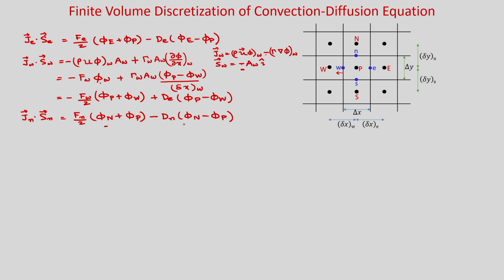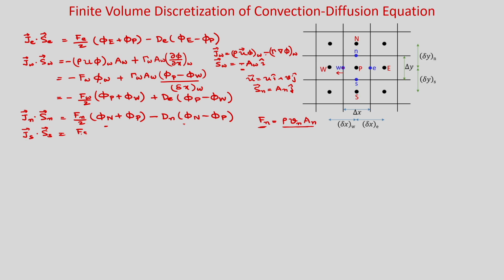So, this is your convection term and diffusion term, where F_n is rho V_n into A_n, because now you have the v velocity and S_n is A_n j. So, if you make a dot product, it will be V j dot A_n j, so it will be V_n, and that rho V_n A_n we are writing as the mass flow rate at the north face, F_n. Okay.